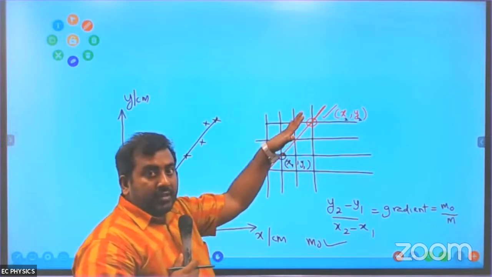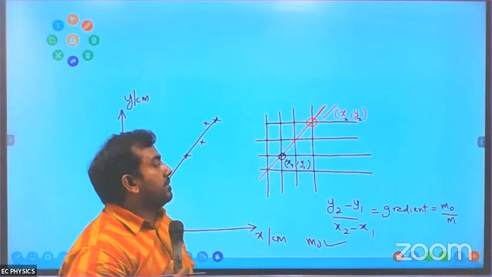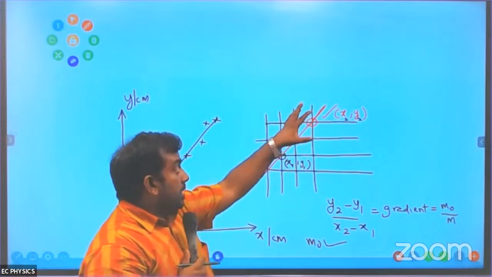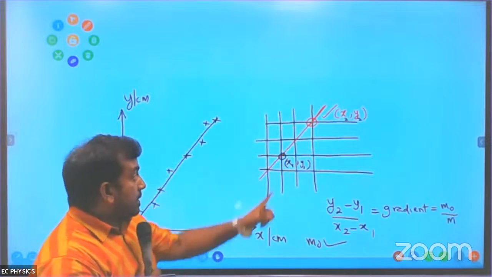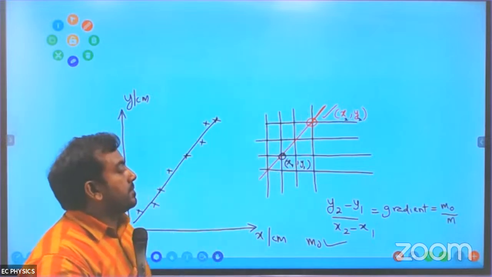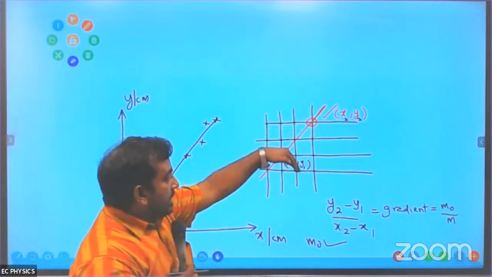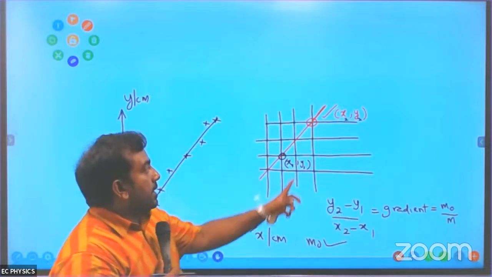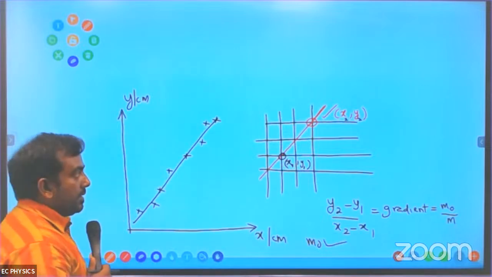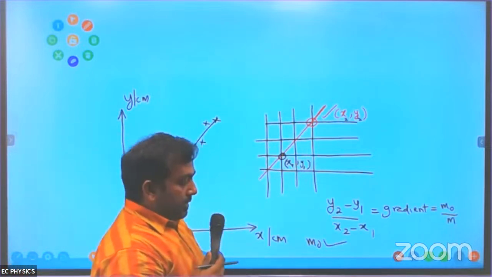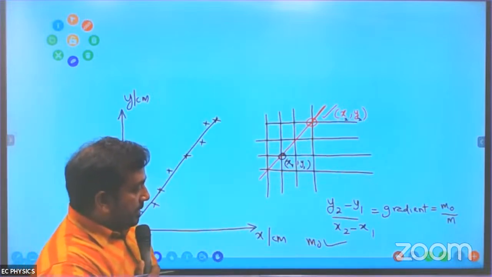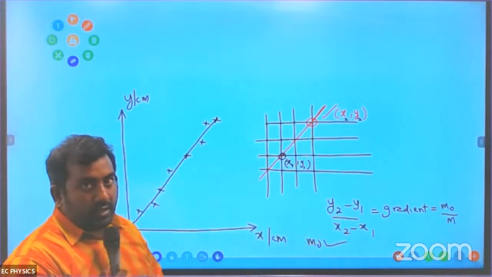We select 2 points which exactly cut the grid mark. We find the coordinates and we find the gradient. Using this gradient, we can find the unknown mass.